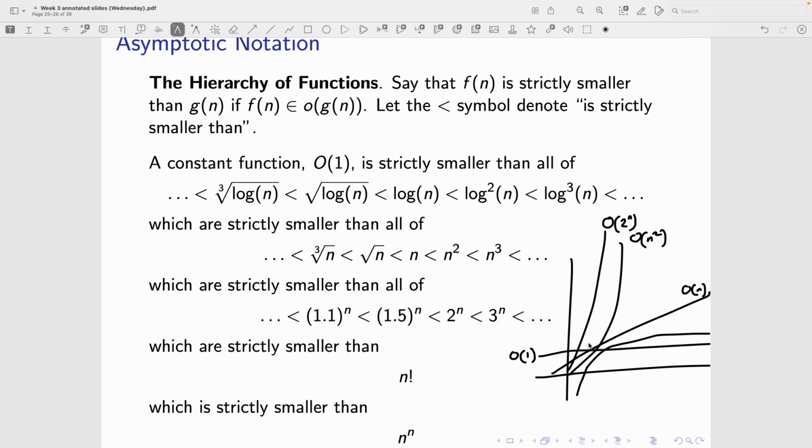So even though the values of them are all sort of clumped together at the start, eventually they form a clear hierarchy of how big their values are after a certain point.